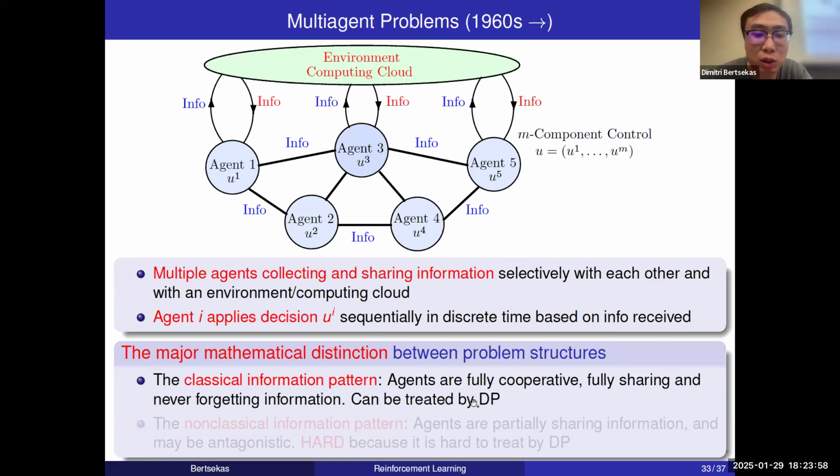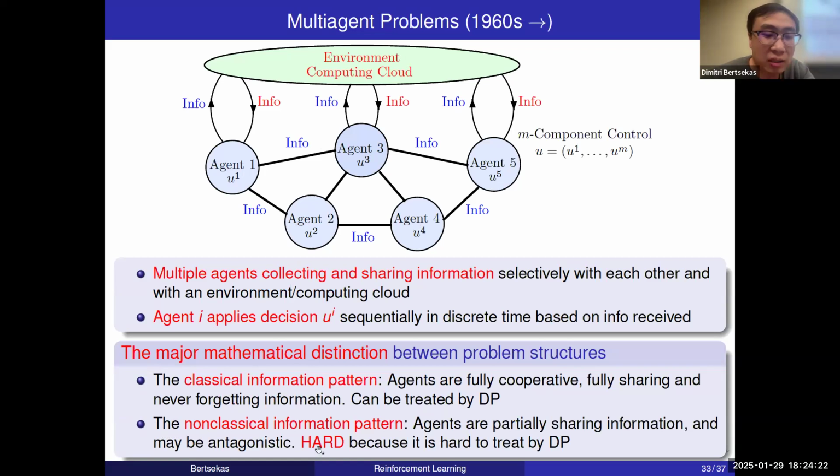And this problem can be treated by the standard dynamic programming. So in that case, all the information that is available to agent 1 is also available to all the other agents. And they are cooperative. They are fighting for the same goal in order to minimize the same cost. And this problem can be treated by dynamic programming.